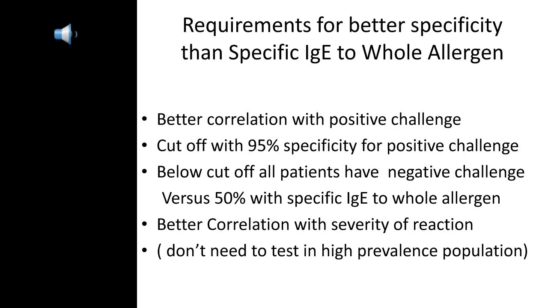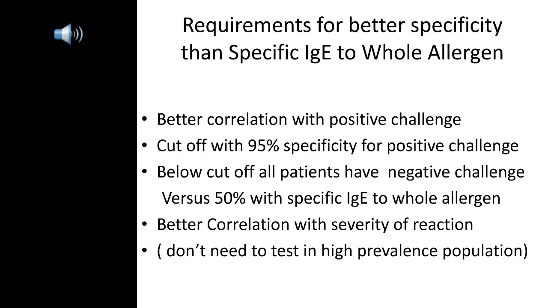I'll go back to what we want to do. We want a more specific IgE antibody, more specific than the specific IgE to whole antigen. We've got skin testing and specific IgE to whole antigen now. If we want to improve on it, we really need to improve specificity.